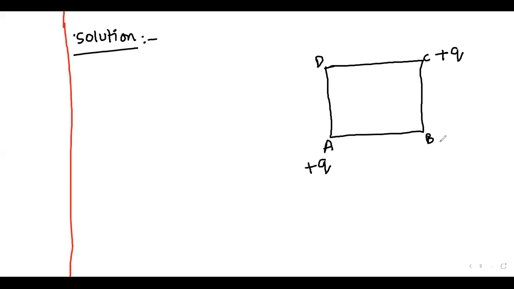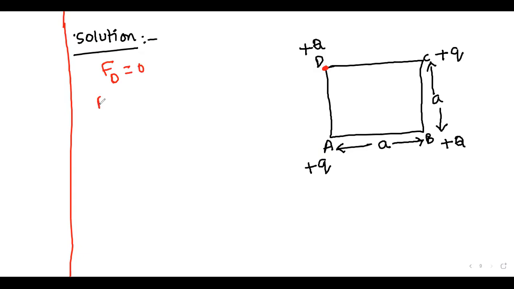At B and D, we are having the charges plus capital Q. And they gave the side of the square as A. Now we are considering that force at capital Q is 0, that is force at D is 0.